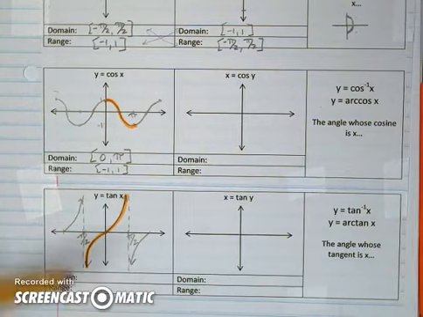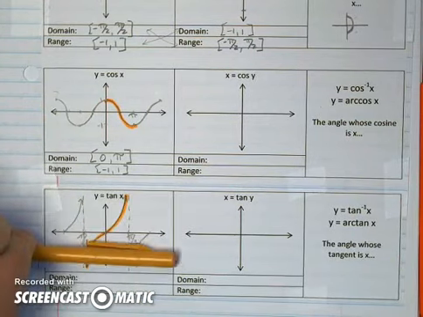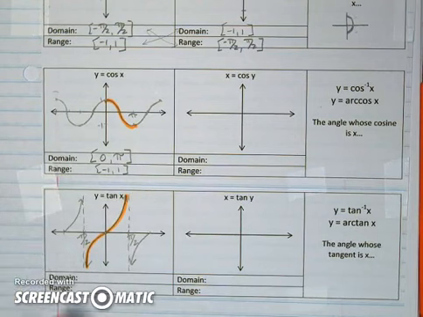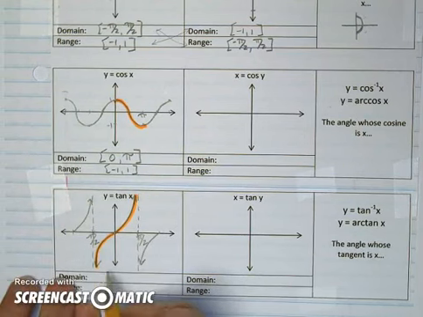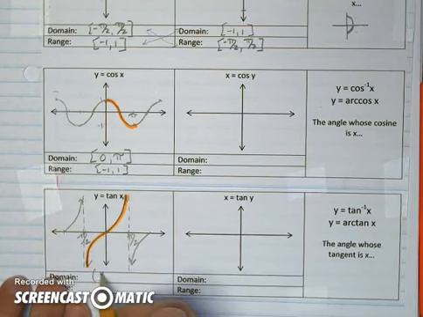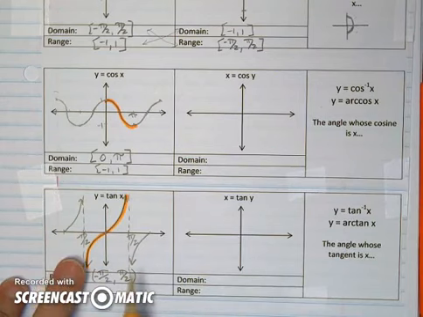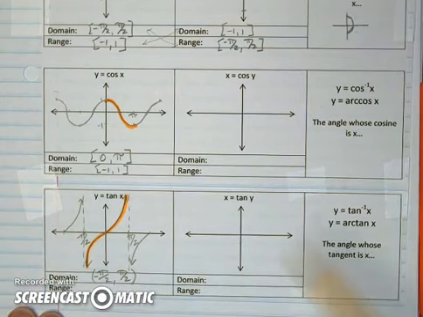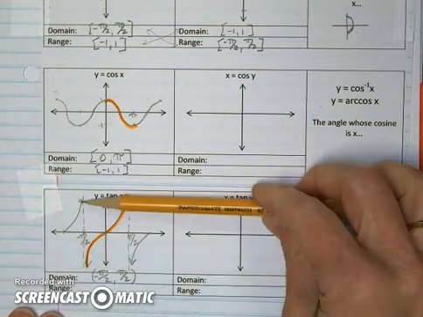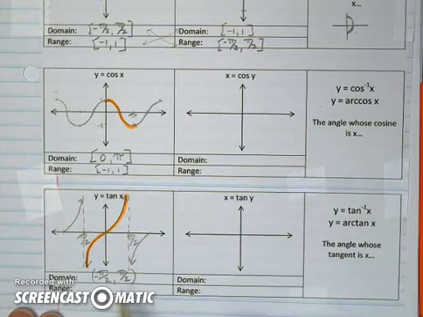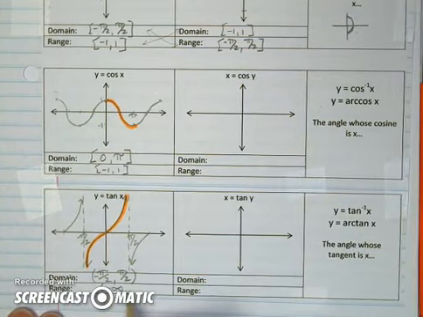Because the horizontal line test passes for that piece, so we can do that whole piece of the graph. But the domain cannot equal negative pi over 2 and pi over 2. So we have parentheses there because of the asymptotes. And then the range could be any real number.